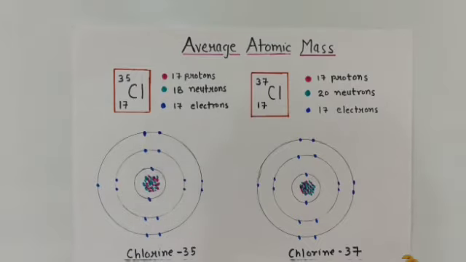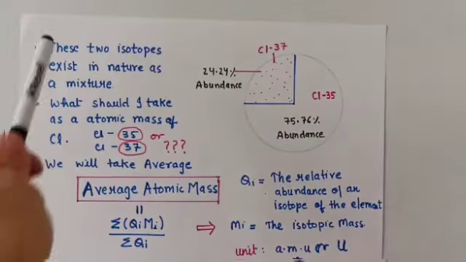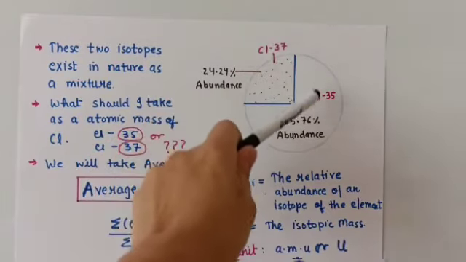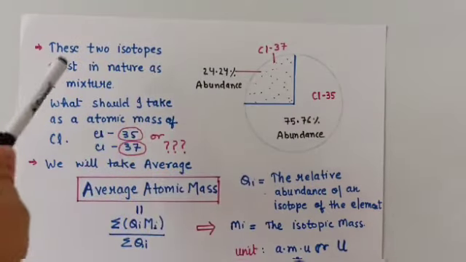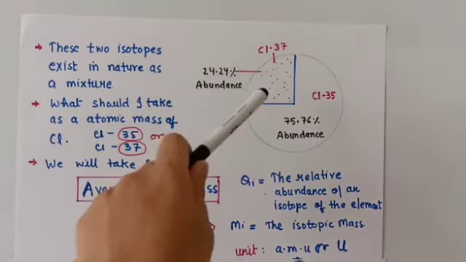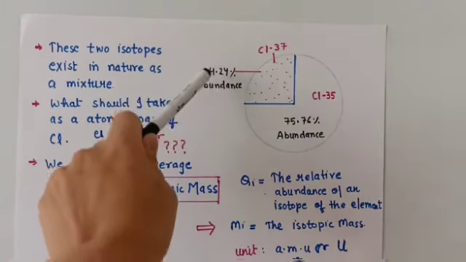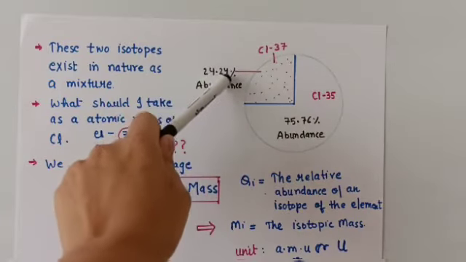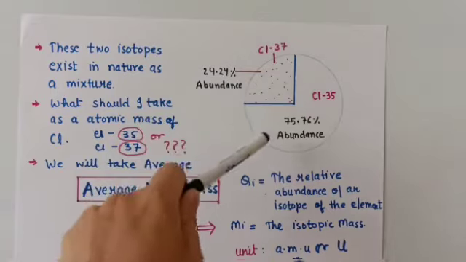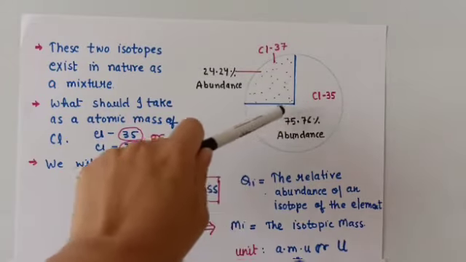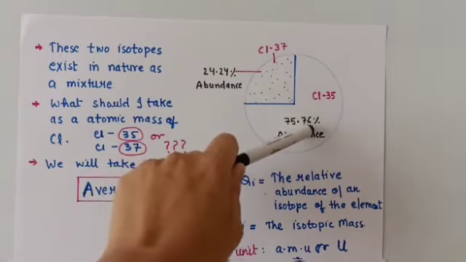So our main aim is to calculate the average atomic mass. What will be the average atomic mass in this case? These two isotopic forms, chlorine 37 and chlorine 35, exist as a mixture in nature. The percentage abundance of chlorine 37 is 24.24%, while the percentage abundance of chlorine 35 is 75.76%.